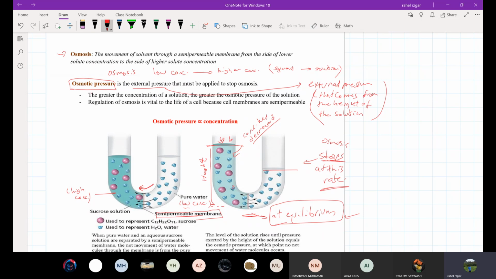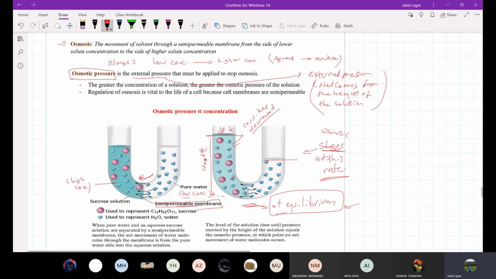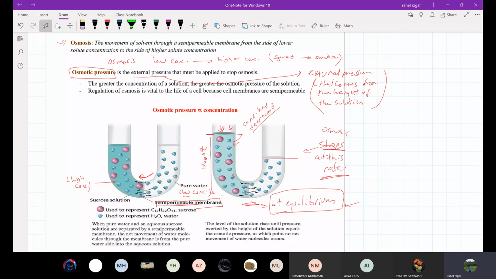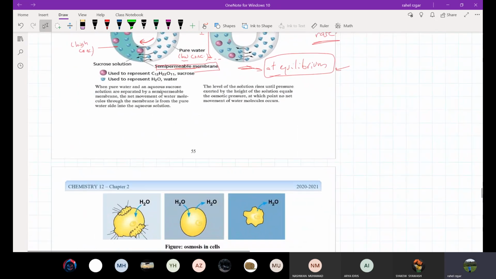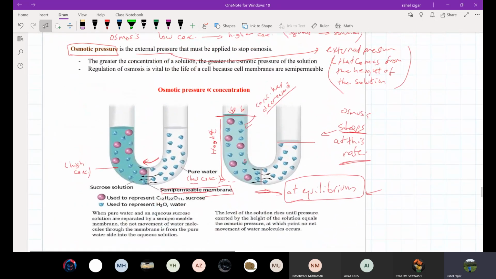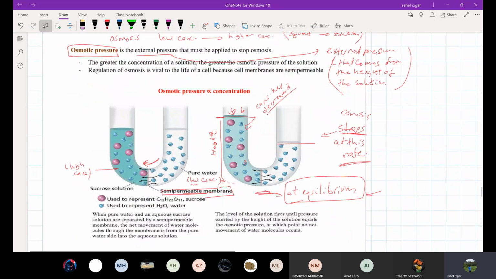When the osmosis stops, the system is at equilibrium. So here's the question, you can write the question down here.